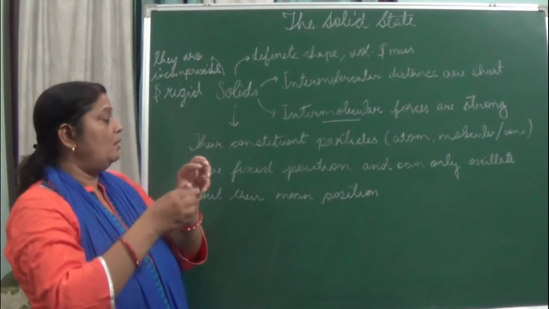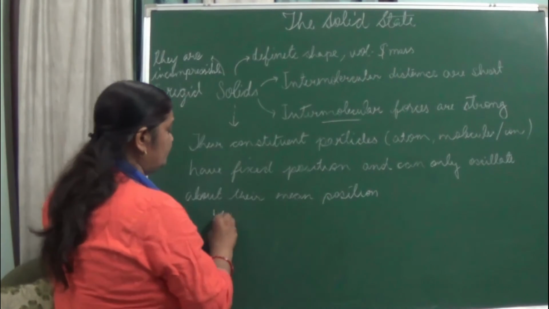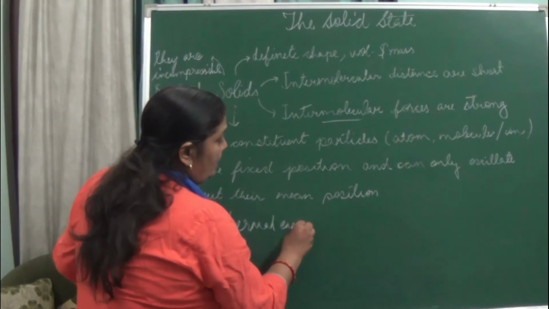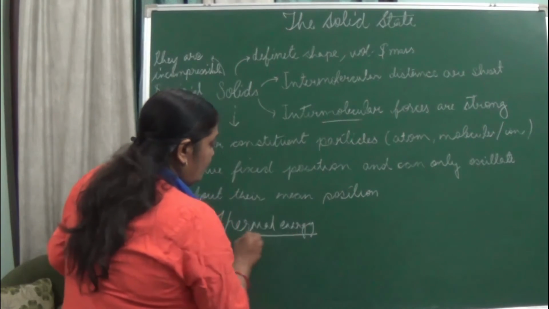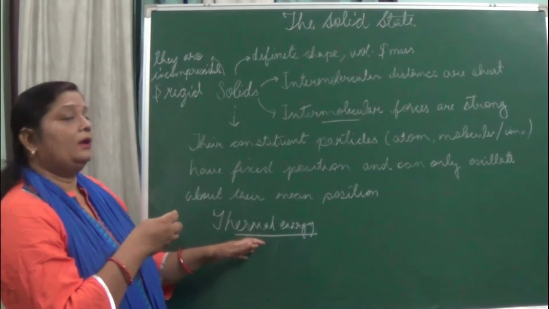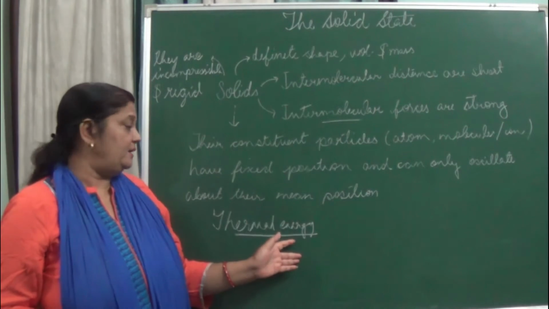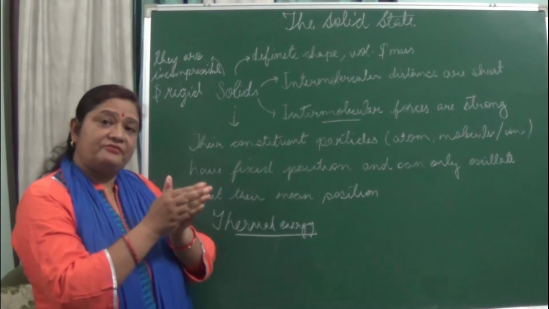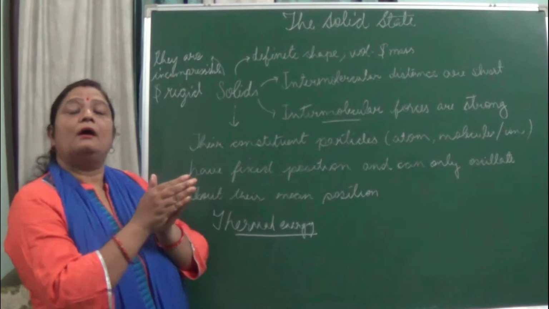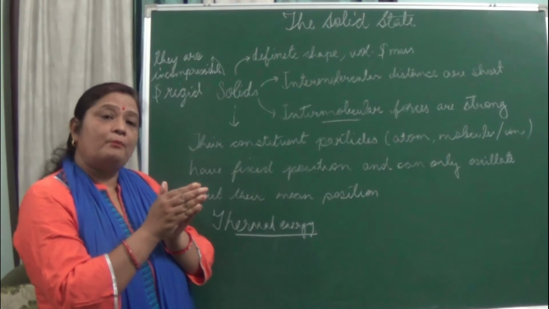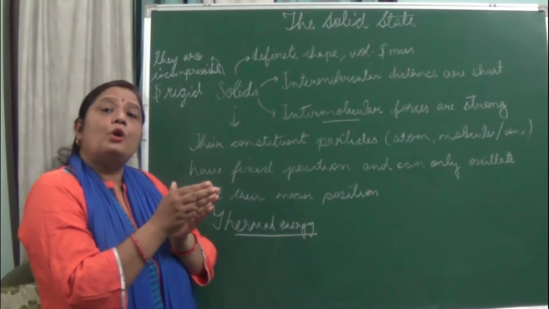Okay. But what will this thermal energy do? If we apply thermal energy, what will happen to a solid? Naturally, we are providing it energy, and as the result, it will affect the arrangement of the atoms, molecules and ions, and it will make it what? More apart. It will not bring it close together.